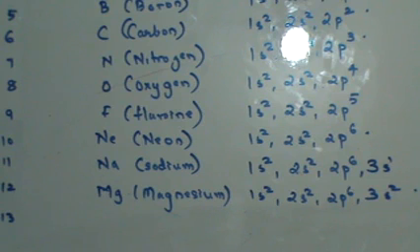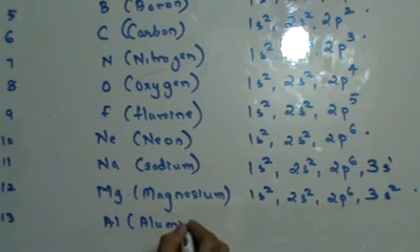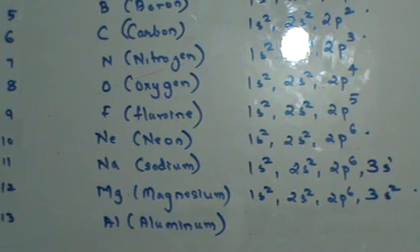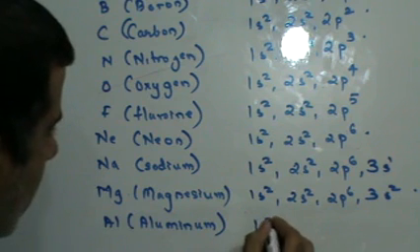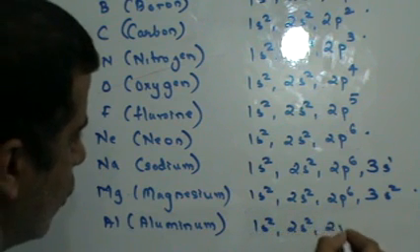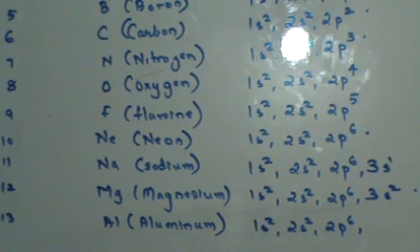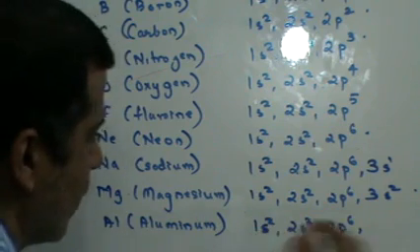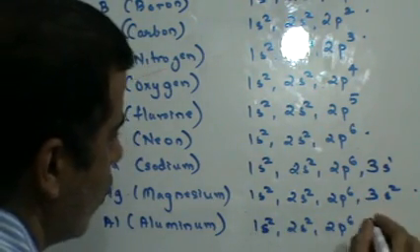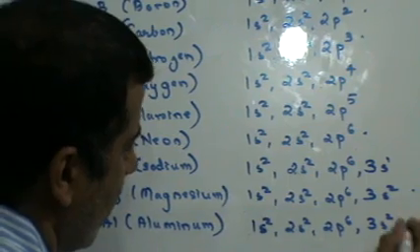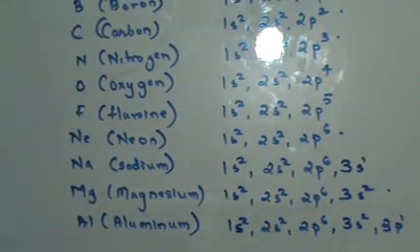Then you have, after magnesium, let's consider aluminium. 1s2, 2s2, 2p6. Now the third orbit has to have 3 electrons, out of which 2 will go in s orbital and 1 will go in p orbital. Right? So 3s2, 3p1.